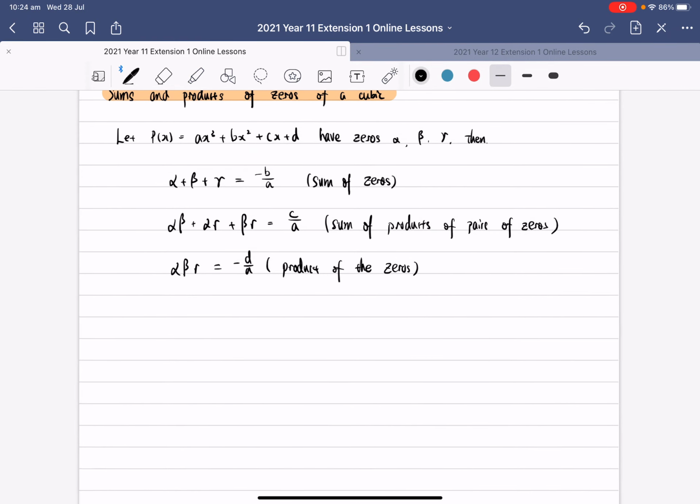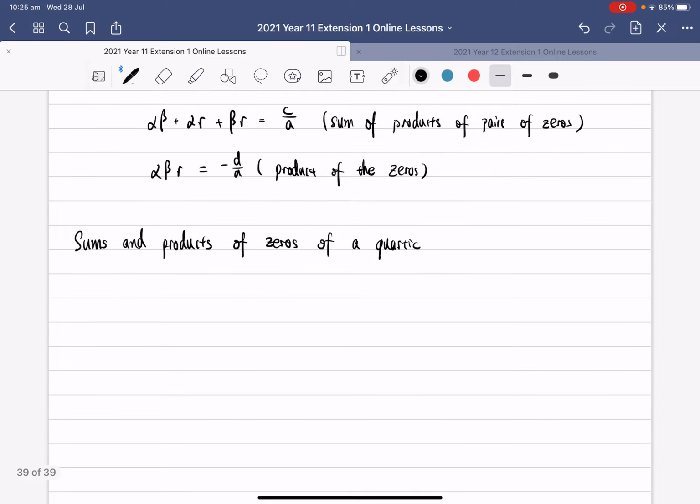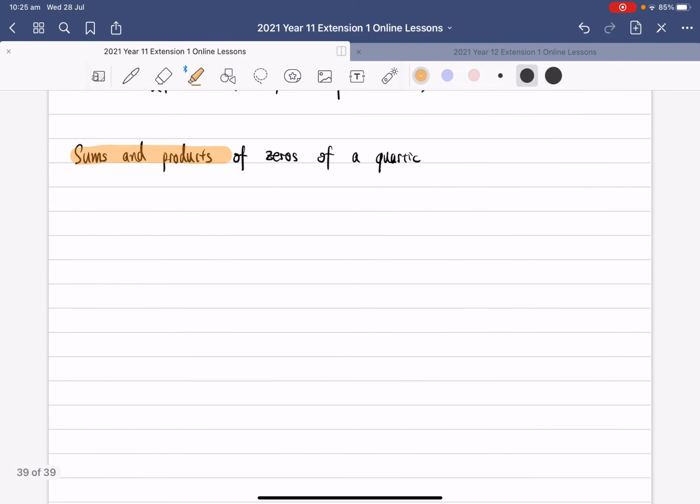All right, so the next one I would like to write down is the sum and the product of zeros of a quartic, so it's power 4. So if it's a power 4, what would the formula be? You can have a guess what the formula is going to look like, okay?